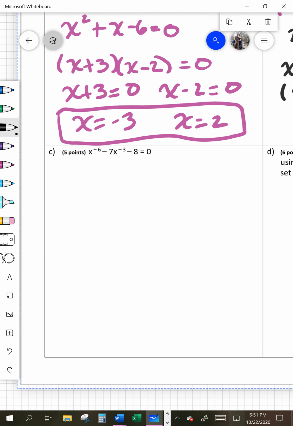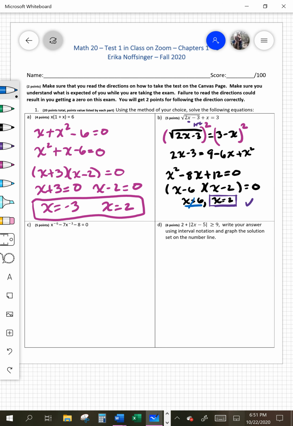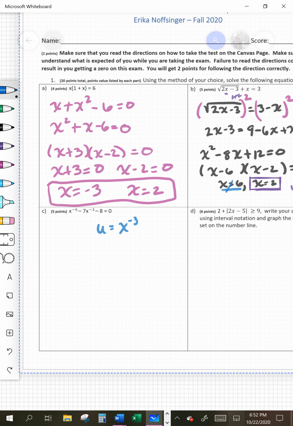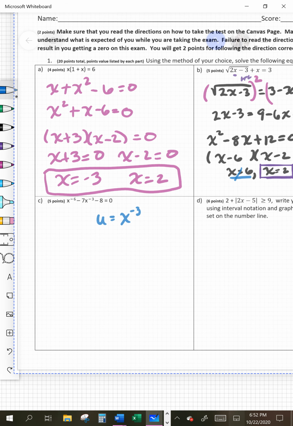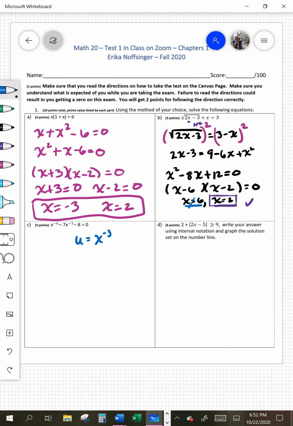And so if we choose u to equal x to the negative 3rd power, recall power to power is multiplying. So this x to the negative 6th power is the same thing as x to the negative 3 quantity squared. And so we can rewrite this first term as u squared.